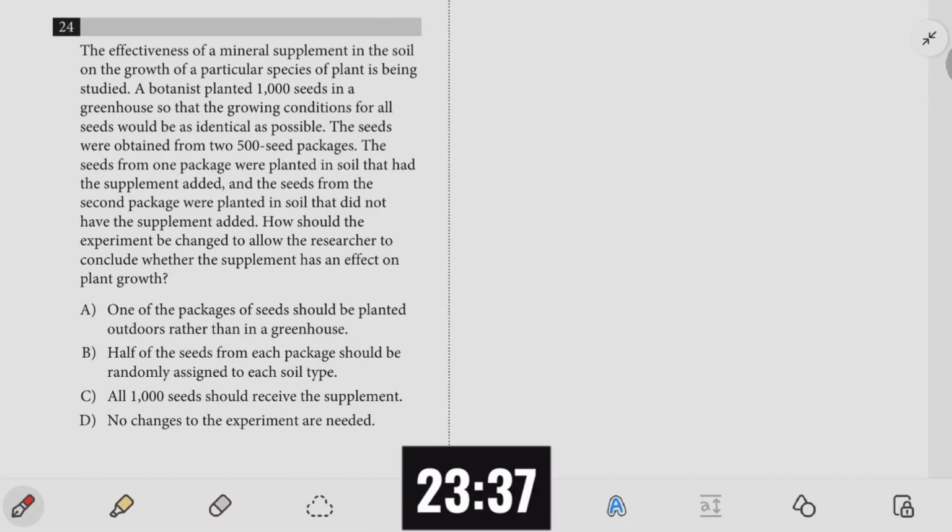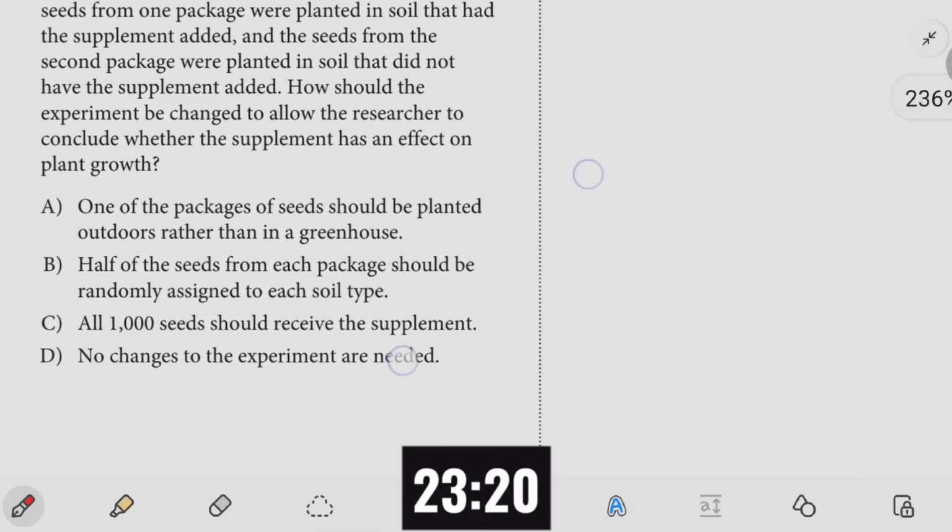Effectiveness of a mineral supplement in the soil on the growth, from 2 packages. How should the experiment be changed to allow the researcher to conclude whether the supplement has an effect on the plant growth?